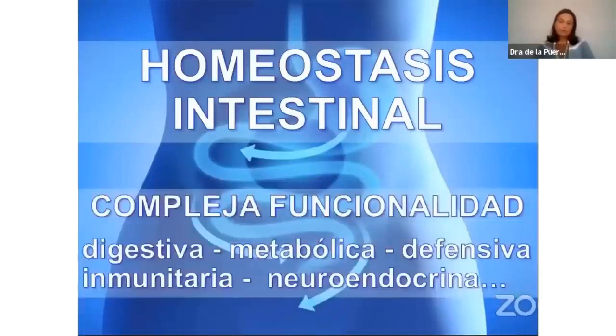The performance of these pillars determines the proper functionality of the intestine. Here, I don't want to talk about the functionality of the microbiota because it is really the overall performance of the functionality of the intestine from which we obtain digestive function, normal digestion of nutrients, metabolic function, the production of metabolites, and the defensive immune function, everything.